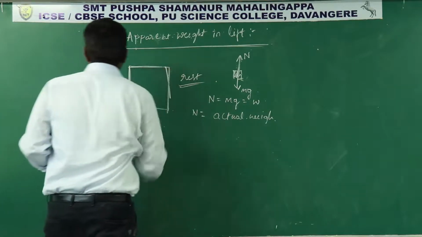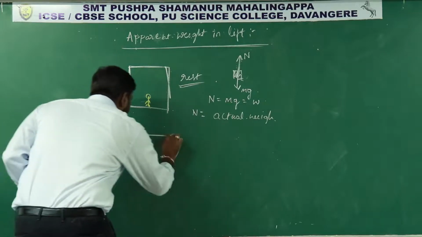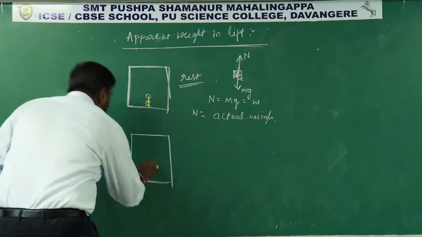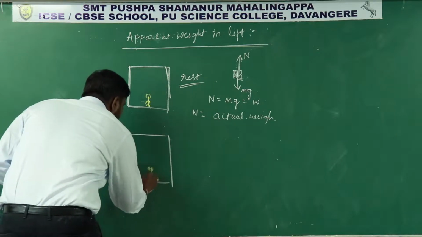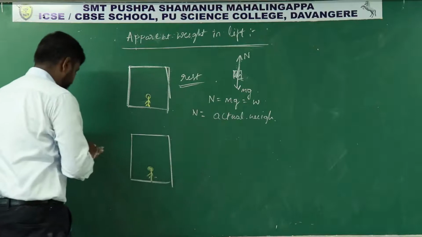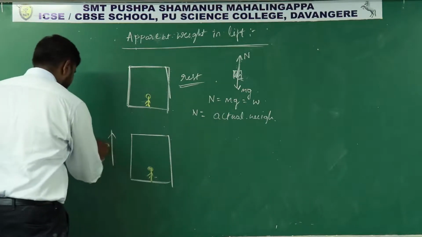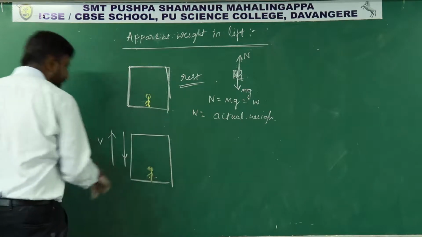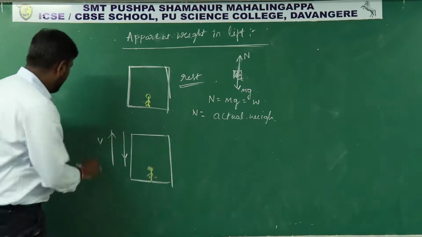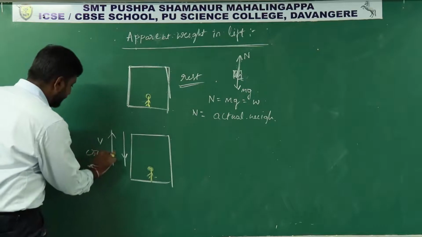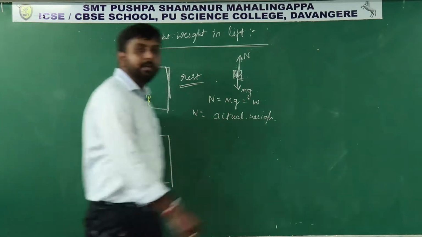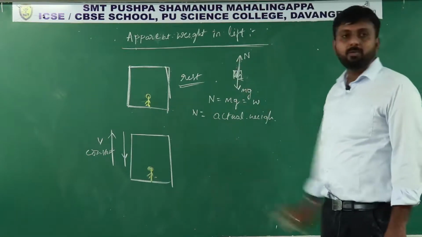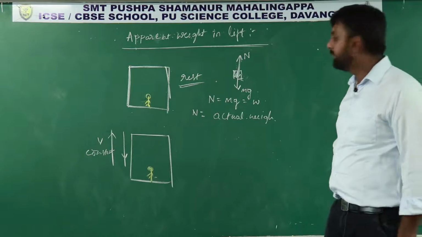Then the second condition. There is a person in the lift, and the lift is moving upward, or it may move downward, with the same constant velocity. In that case, as when it is at rest, there will be no apparent change in weight.